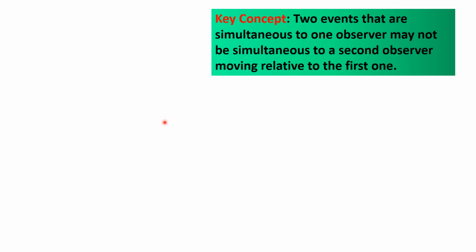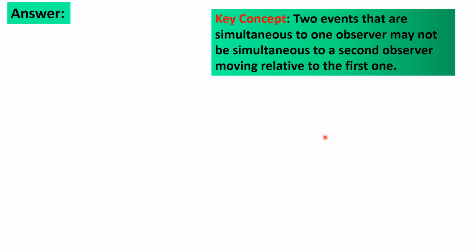The concept that we apply in answering this conceptual question is that two events that are simultaneous to one observer may not necessarily be simultaneous to a second observer moving relative to the first one. So we will explain that further.